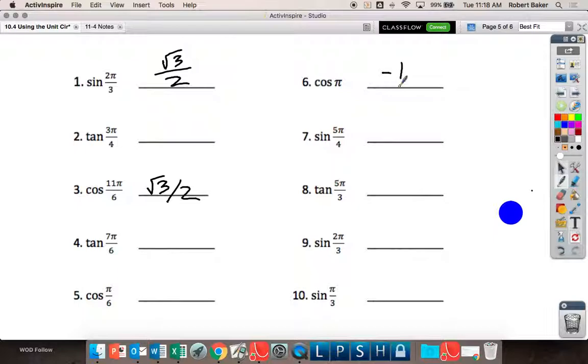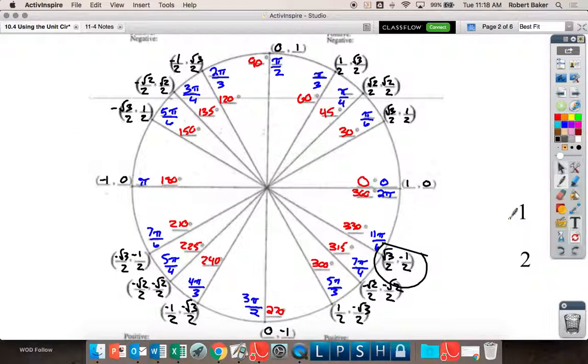So the tangent of 5 pi over 3, go back to my unit circle. Find 5 pi over 3. The tangent of 5 pi over 3 is sine divided by cosine. So it's the negative square root of 3 over 2 divided by positive 1/2.